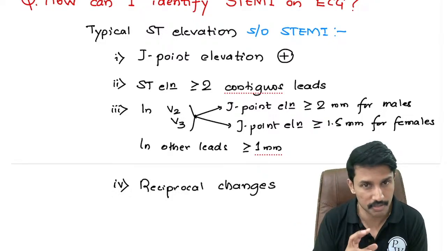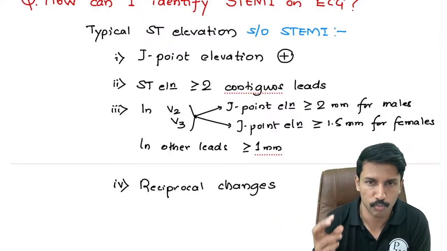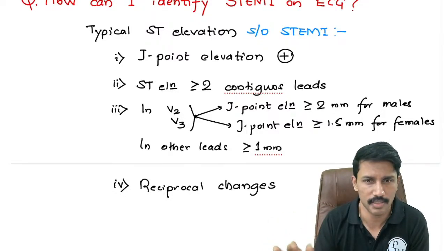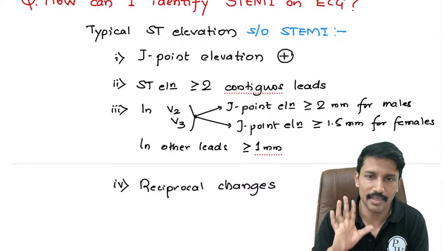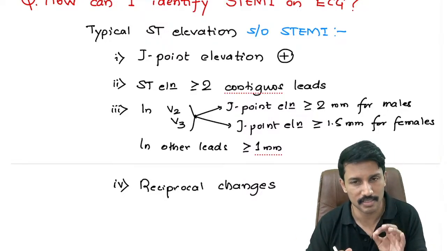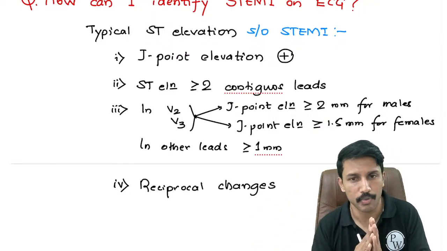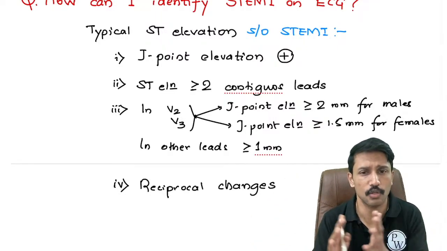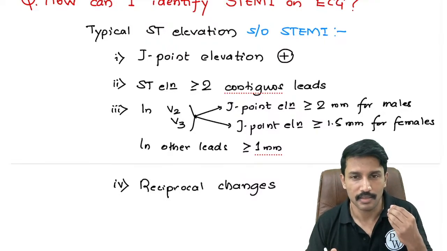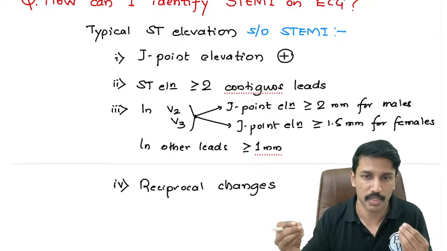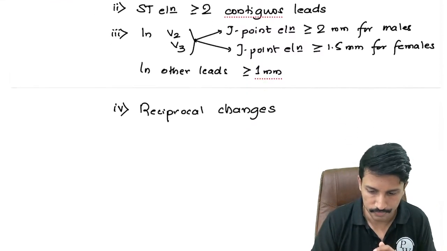Then if the ST elevation is in V2, V3, J point elevation of more than 2 millimeters in males or more than 1.5 millimeters in females, and for every other lead, more than or equal to 1 millimeter, that is one small box. And any lead which has reciprocal leads, if there is ST elevation in the main lead, the reciprocal lead should show ST depression. When they don't show, it is mostly not STEMI, like we saw that ECG of acute pericarditis, where the main leads as well as the reciprocal leads were showing ST elevation instead of showing the reciprocal changes.